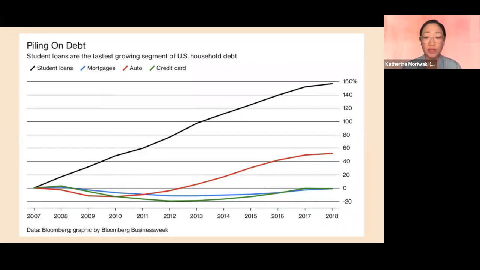And you can really see that loan debt is increasing at an astronomical proportion compared to all other kinds of debt. And the interesting thing about student loan debt in the United States is that it is impossible to discharge even through bankruptcy. It's the kind of debt that follows a person, quite morbidly and literally, to their grave.